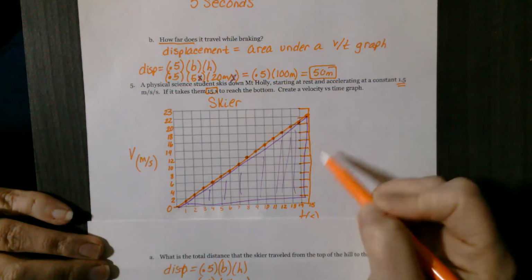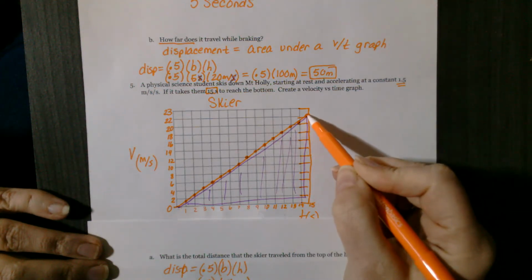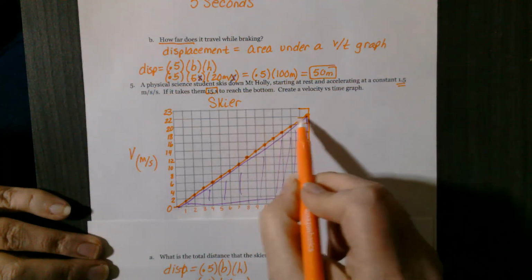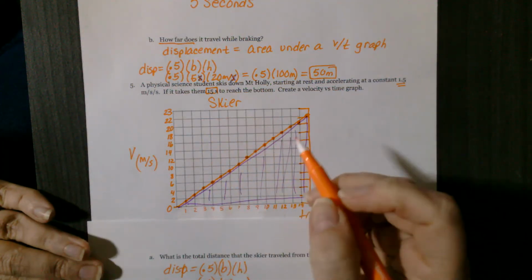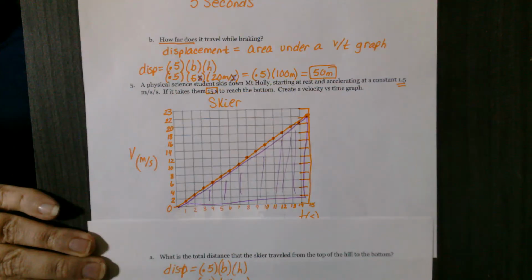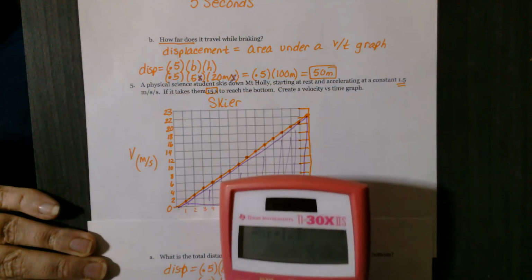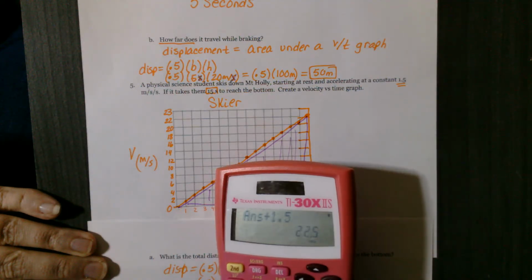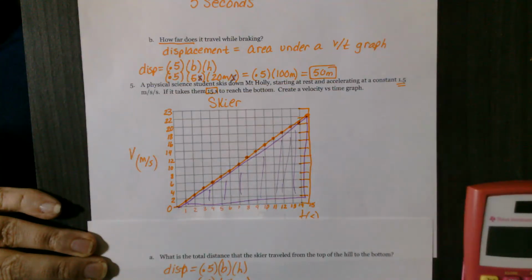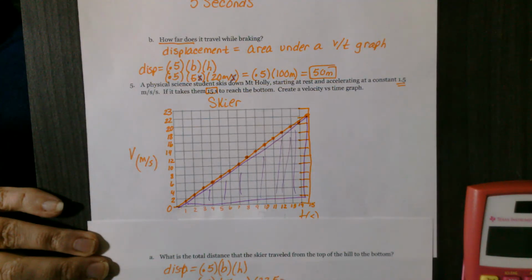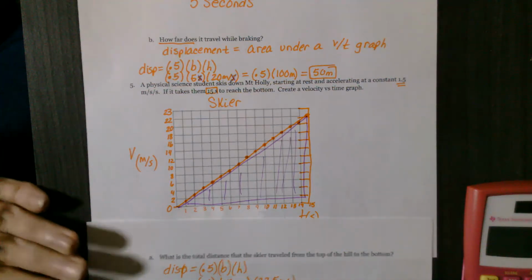And our height, in order to hit 15 seconds, was about 22.5, if we remember from our last calculation. And that is meters per second.